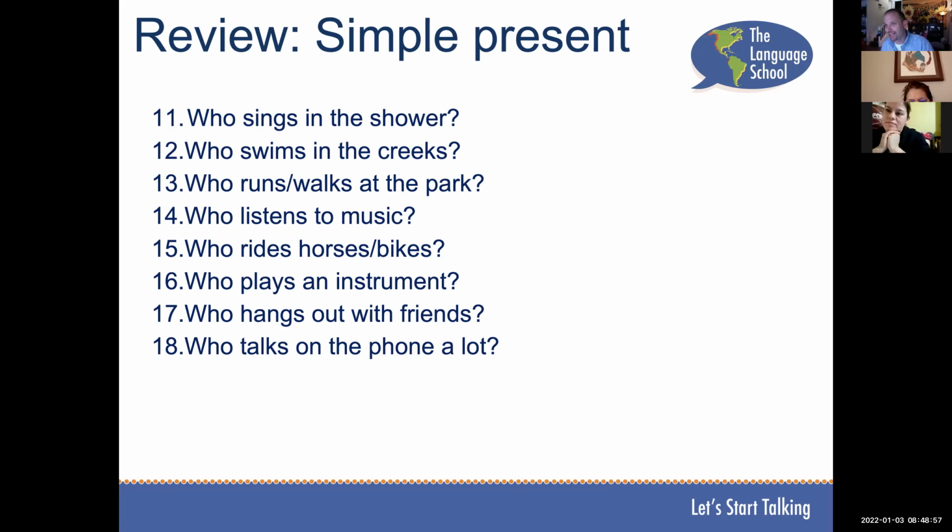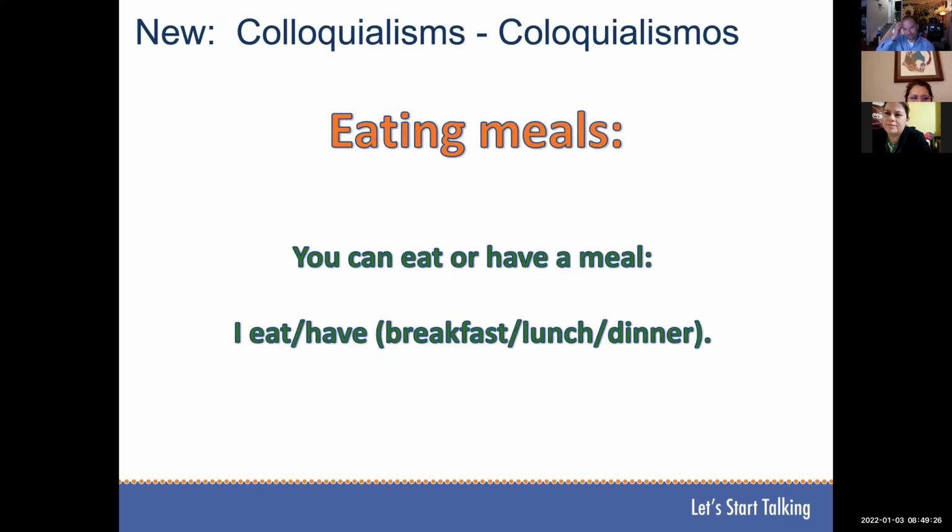Han robado la expresión de nosotros, porque recuerde que Puerto Rico es parte de Estados Unidos. Y hay un artista que lo usa mucho en sus canciones que se llama Bad Bunny. Bad Bunny dice mucho la expresión hanguear. Y eso viene de esta expresión, hang out. Es tan común la expresión hang out que lo han robado en Puerto Rico. Sí, hay hang out. Muy bien.